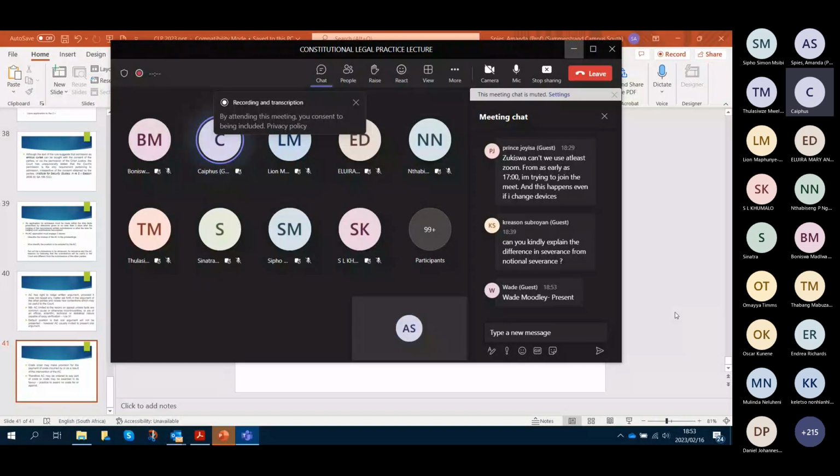Initially the High Court decided that parents should not beat their kids. So FOSA, which is a religious organization, felt that their religious rights in relation to parents' right to chasten their children were infringed, and then they took the matter further.